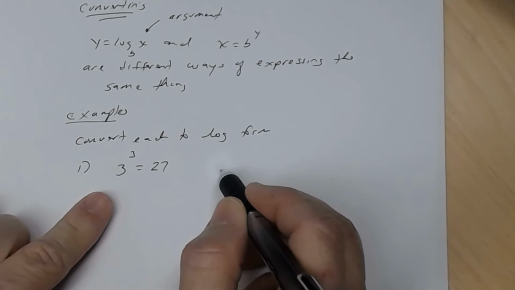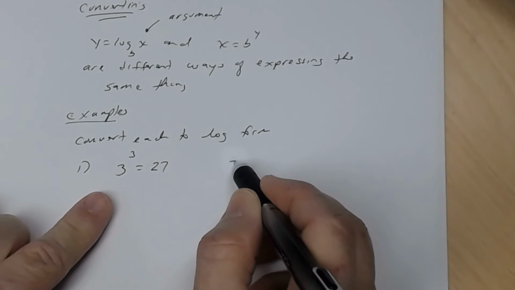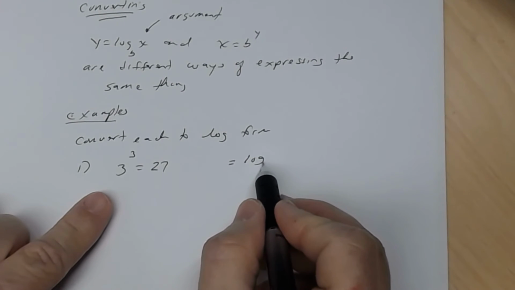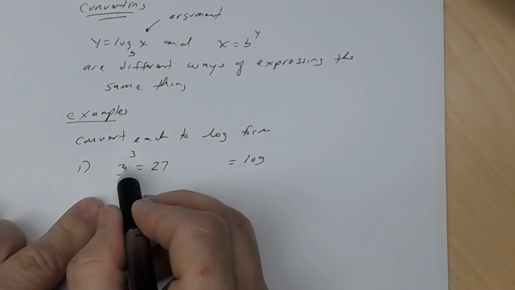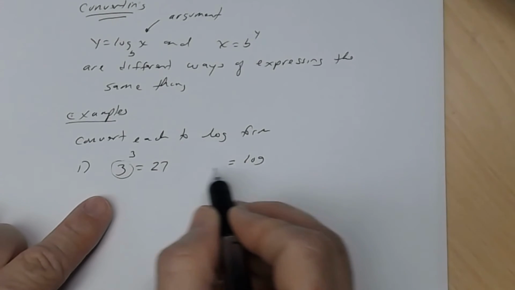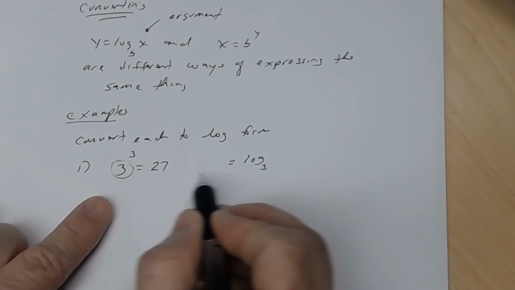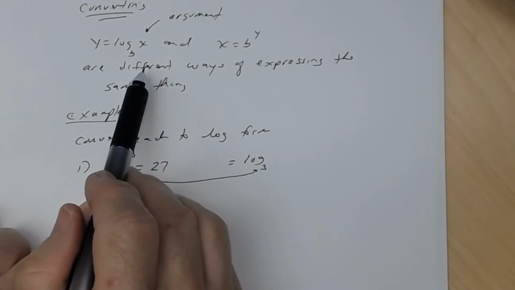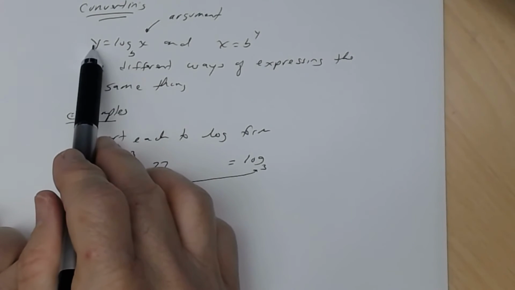To convert to log form, I'm going to say equals log. Make sure you put log because I want to convert to log form. I have to put the base first, so the base is this right here. That 3 becomes this. Then the base raised to whatever this is, that's your exponent.